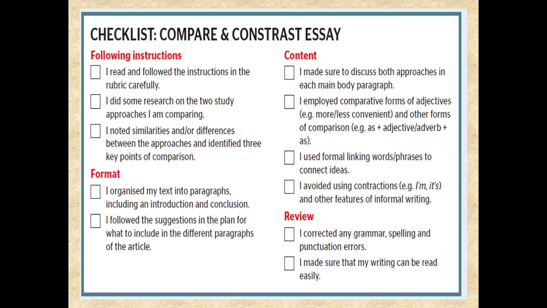I used formal linking words or phrases to connect ideas. I avoided using contractions, for example, or etc., and other features of informal writing. In my review, I corrected any grammar, spelling, and punctuation errors. Then I made sure that my writing can be read easily.